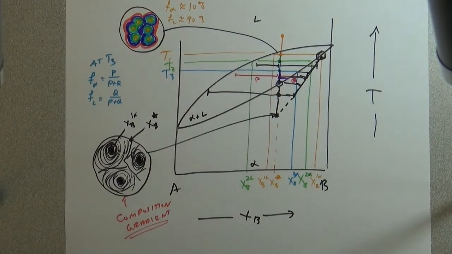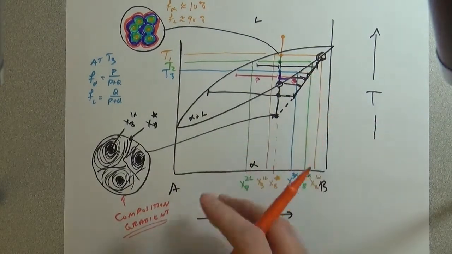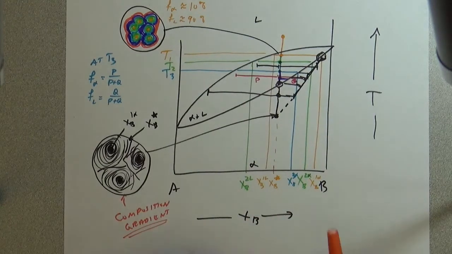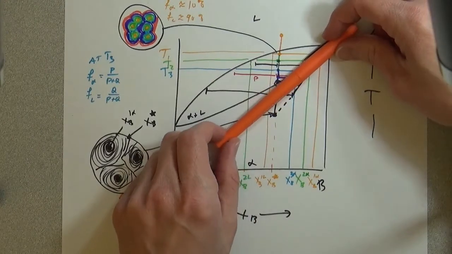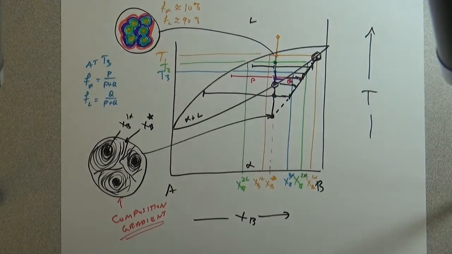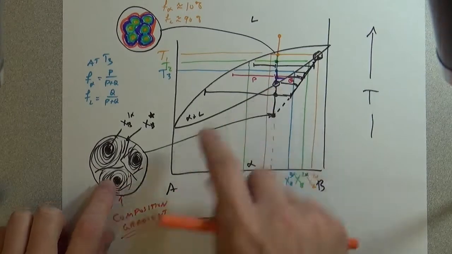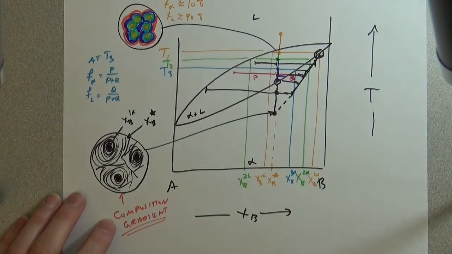The exact nature of the gradient and the degree to which we extend the phase boundary depends on the individual crystal, and it depends on the diffusion, it depends on the temperature. So telling you exactly what those should be is hard without having some experimental determination, but we do know that there is going to be this composition gradient.